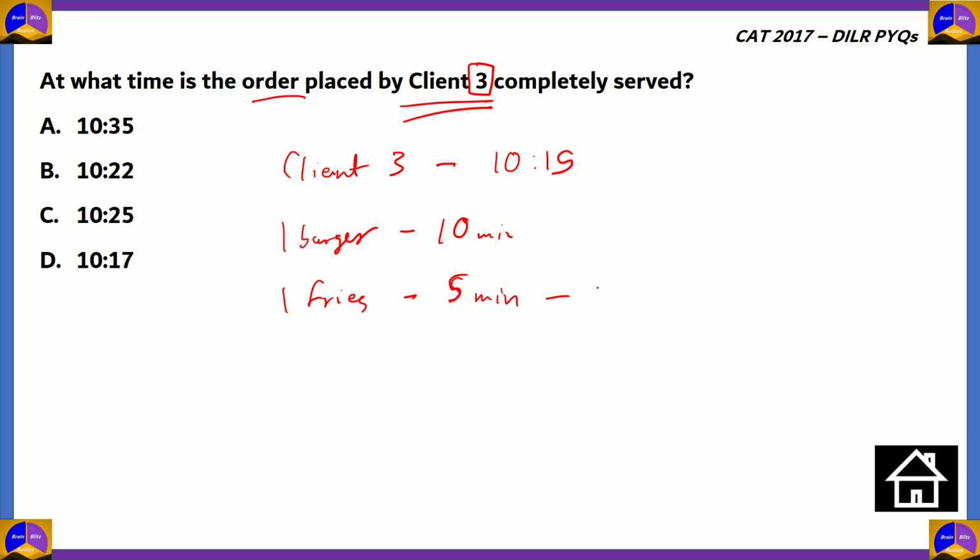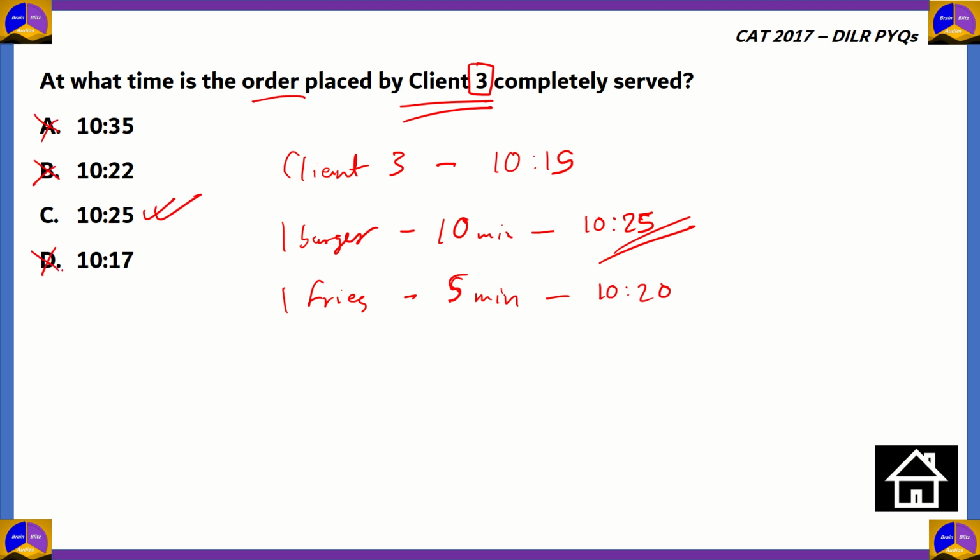Now, the fries were served at 10:20, 5 minutes after the order was started. And the burger was served after 10 minutes, so that would be at 10:25. Now, since the client got both of his dishes at 10:25, that means option C, 10:25, turns out to be the right option.